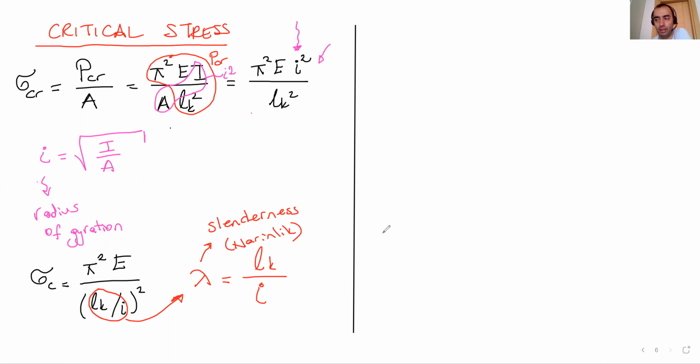Okay. So critical stress here, and lambda square. This is the critical stress definition.